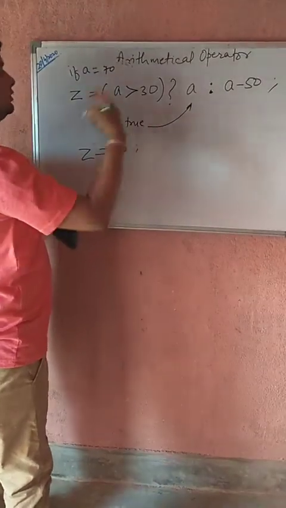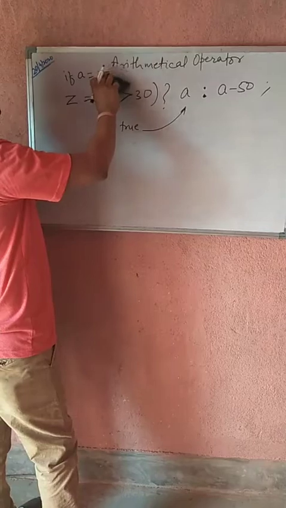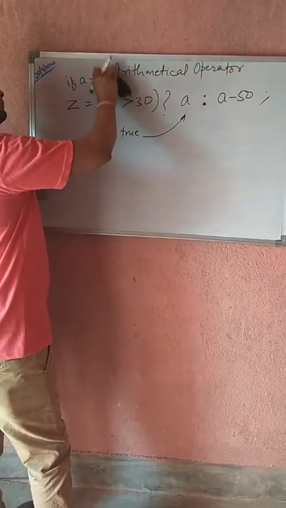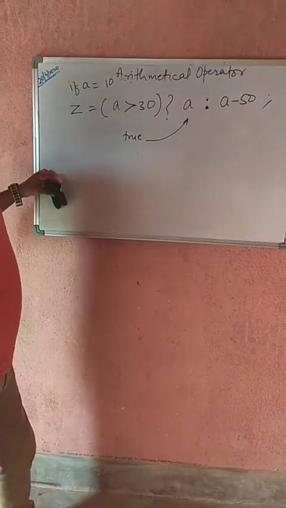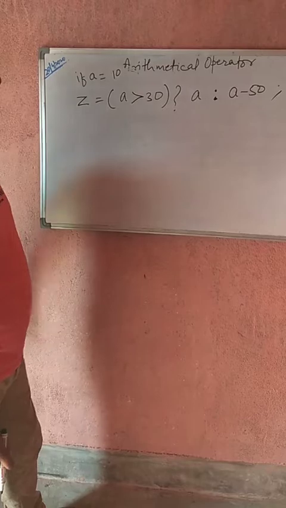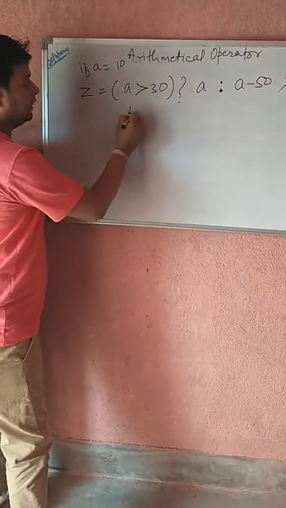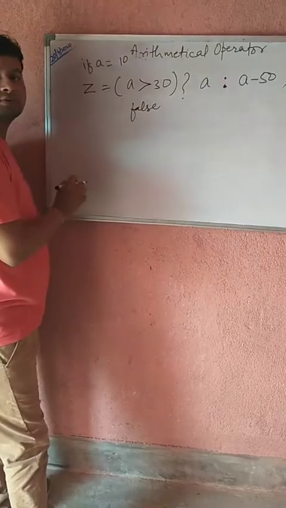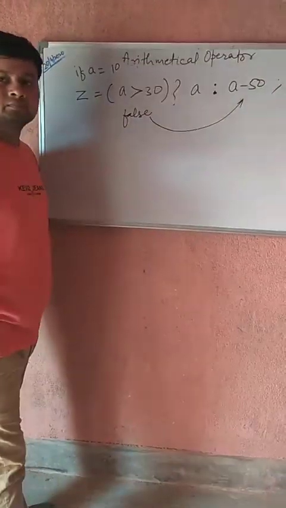Clear? Okay. Suppose I am changing the value of A. Suppose I am giving it 10. Okay. Now let's see. Now 10 is greater than 30. This is becoming what? False. Who is responsible for false? This one.